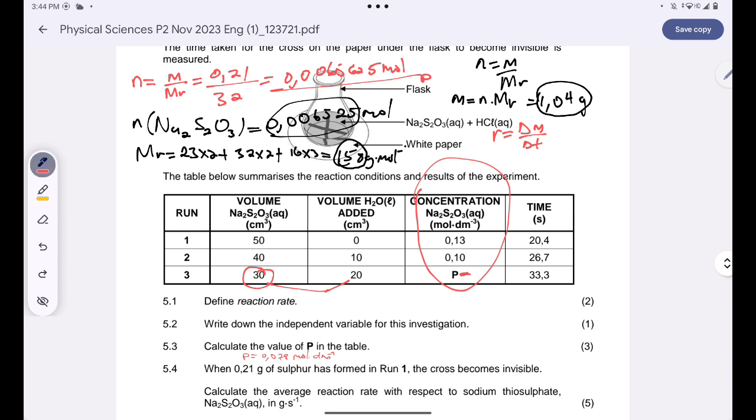So I have 1.04 divided by the time it took for reaction 1, which is 20.4 seconds.